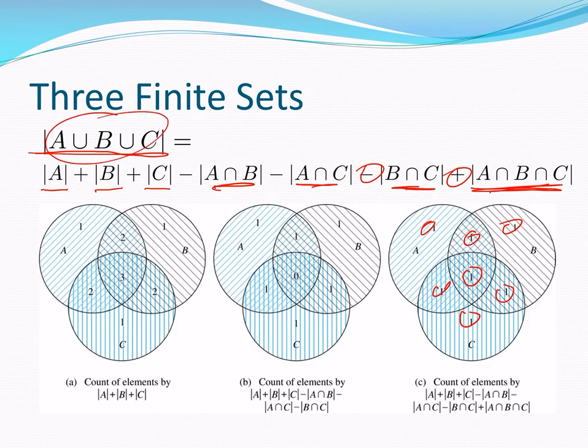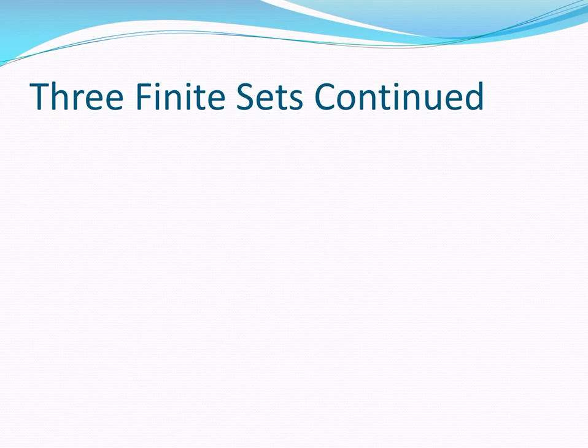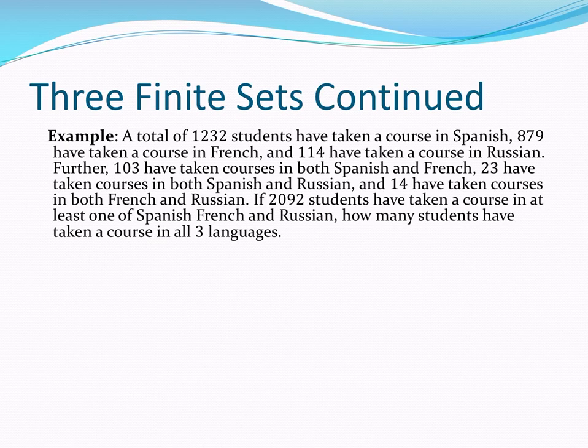Okay, so let's look at another example. Here I have students taking Spanish and French and Russian, 1232 taking Spanish, 879 taking French, and 114 taking Russian. And I already have the cardinality of the union. So in this situation, we want to know how many are taking all three languages.